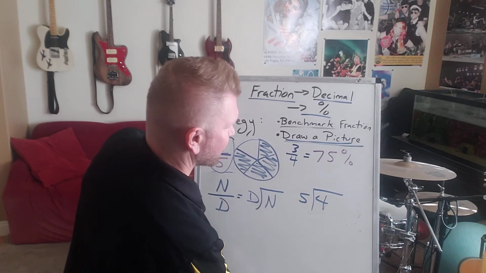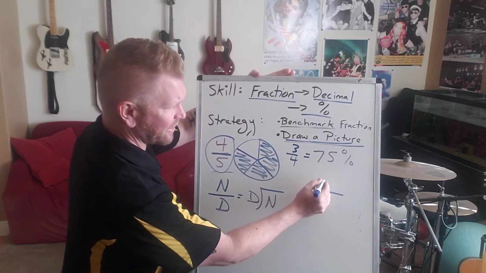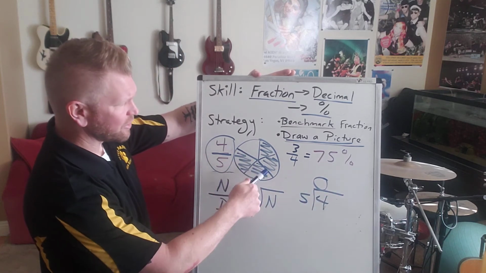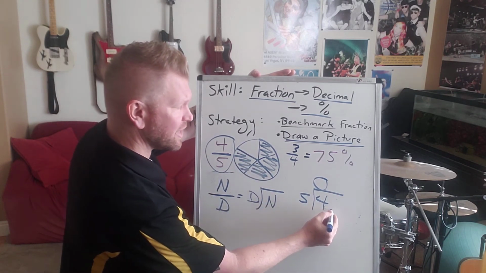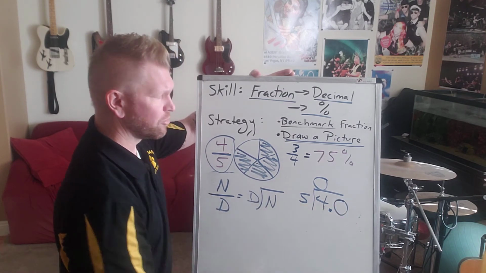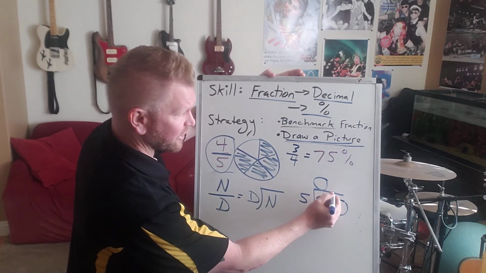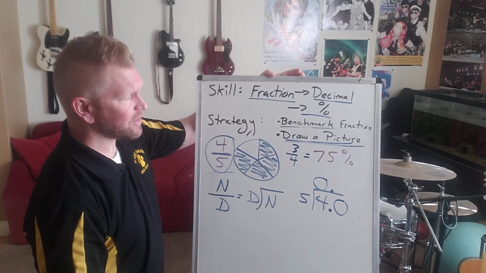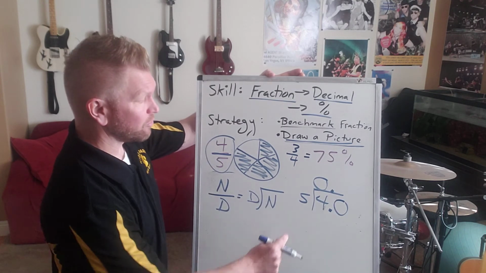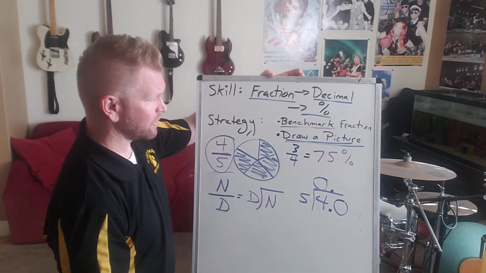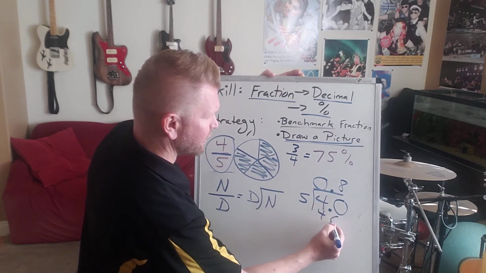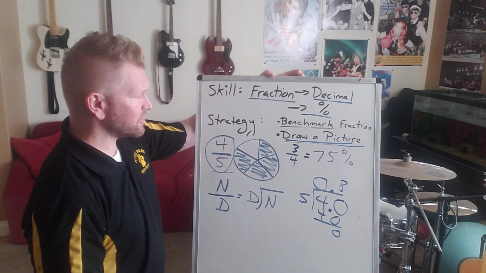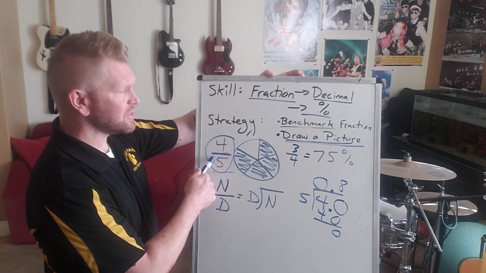Alright, 5 does not divide into 4, because it's not equal to one whole pizza, so it's 0. But we can add a decimal after the 4 and make it 4.0, as long as we move this decimal straight up. Now we're going to continue this division problem. What is 5 divided into 40? It's 8. 8 times 5 is 40. So it turns out that 4/5 is equal to 0.8.